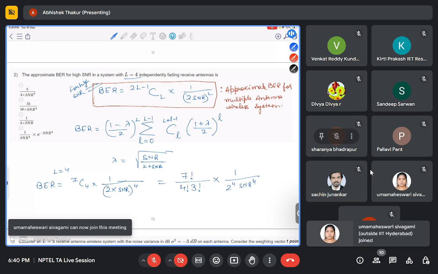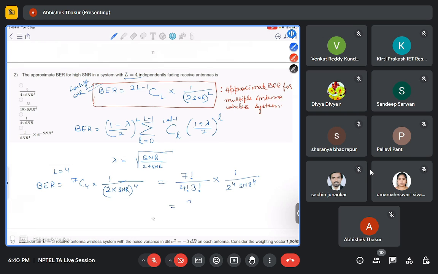So finally the answer we will get is 35 divided by 16 into SNR to the power of 4. So option B is the correct answer for this question.